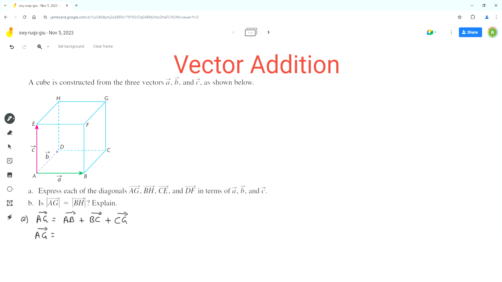Now vector AB is equal to vector A. And vector BC is equal to vector AD because they have the same magnitude and same direction. And vector CG is equal to vector AE because they have the same magnitude and same direction.